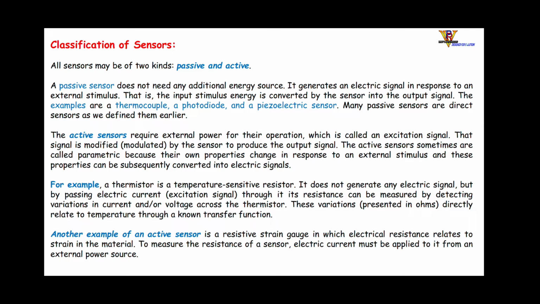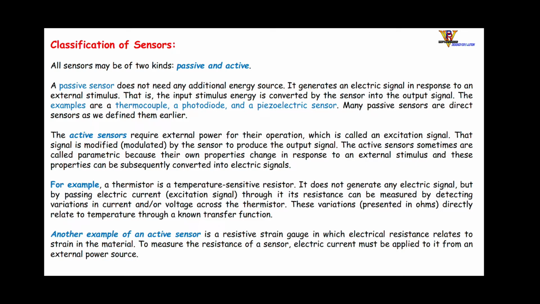So, how will a thermistor work? When temperature is increasing or decreasing, the resistance changes, but we can't measure resistance directly. So what will we apply here? Electric current.